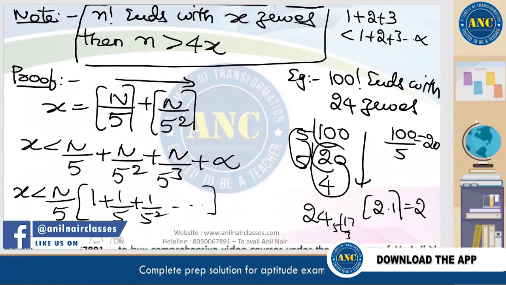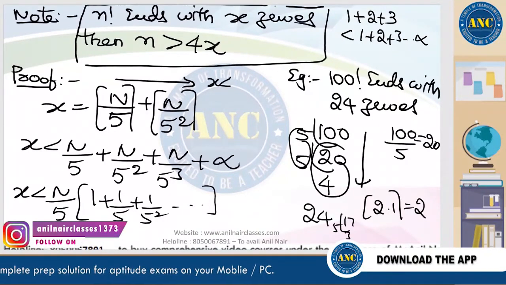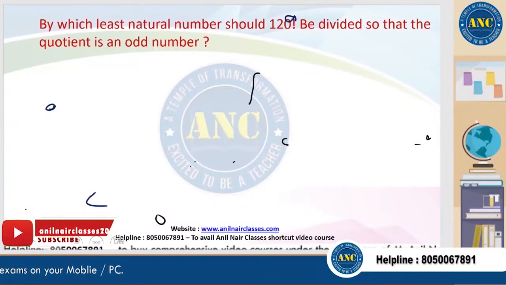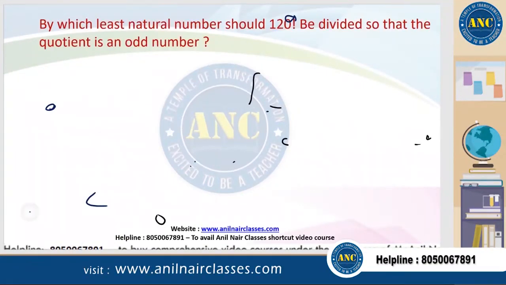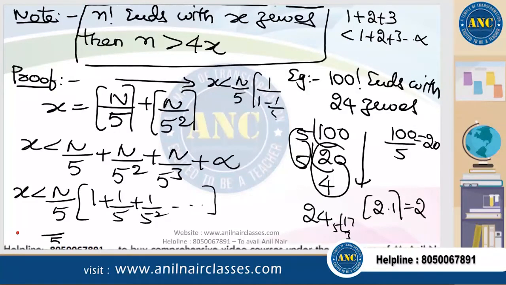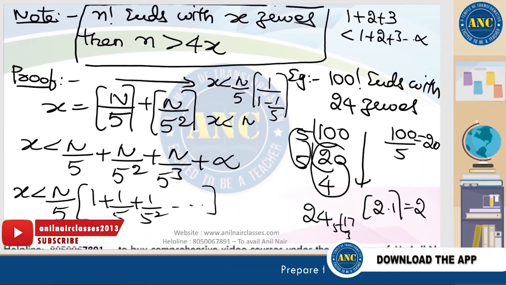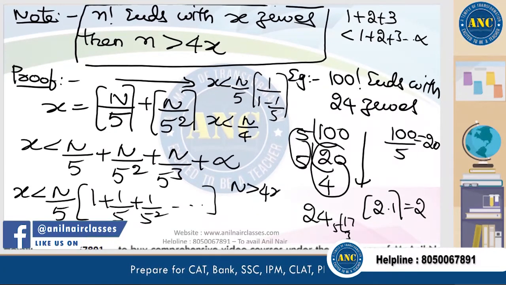So x is less than n by 5 times 1 by 1 minus 1 by 5. So x is less than n by 4, 4x is less than n. N is greater than 4x.